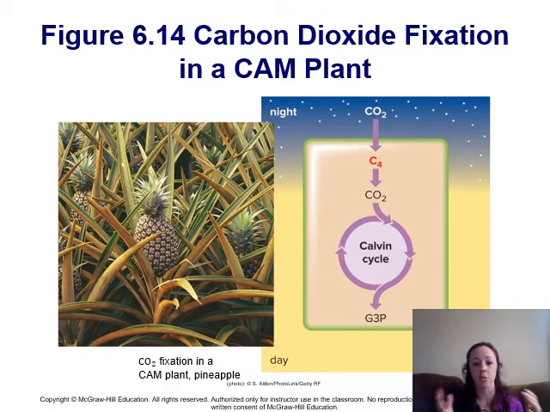During the day, the stomata will close, and the pigments in the chlorophyll will take in a lot of light, and therefore energy from the sun, which will then allow the C4 molecule to be reduced and RuBP to be regenerated during the day. During the nighttime, the process will start all over again.